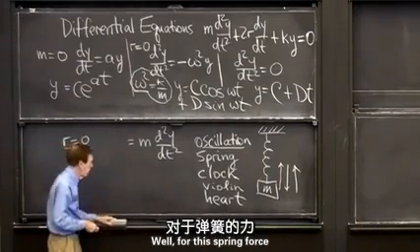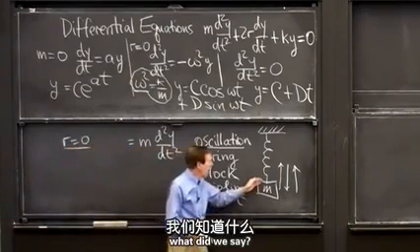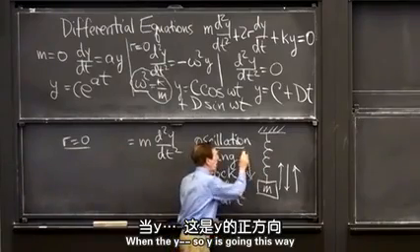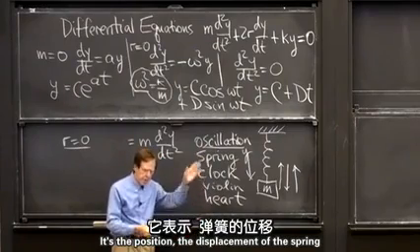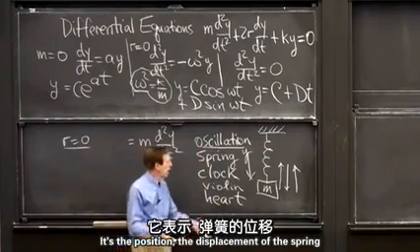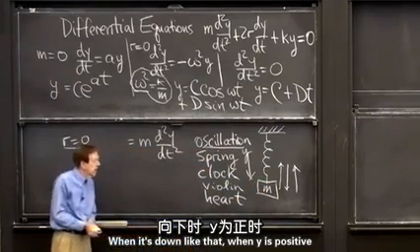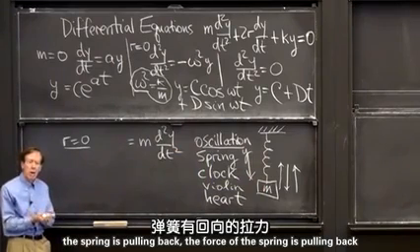And then what's the force? Well, for the spring force, what did we say? When the y, so y is going this way, it's the position, the displacement of the spring. When it's down like that, when y is positive, the spring is pulling back.